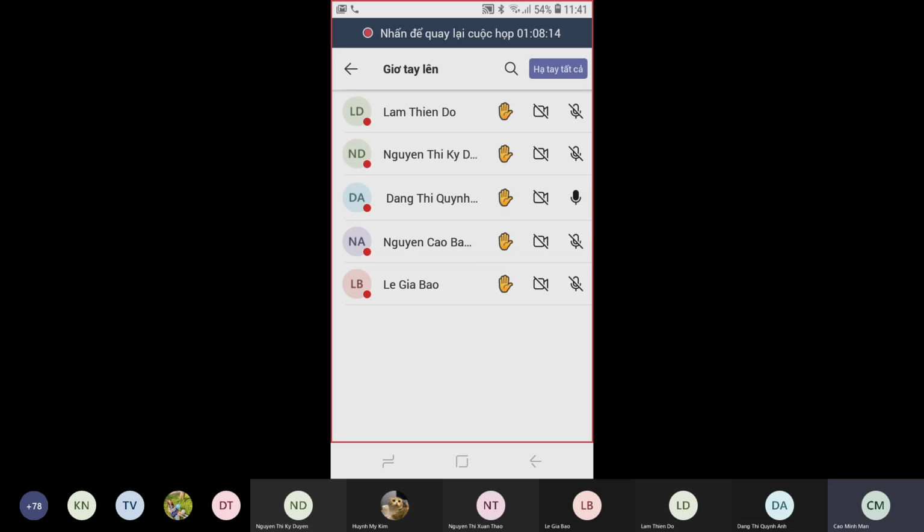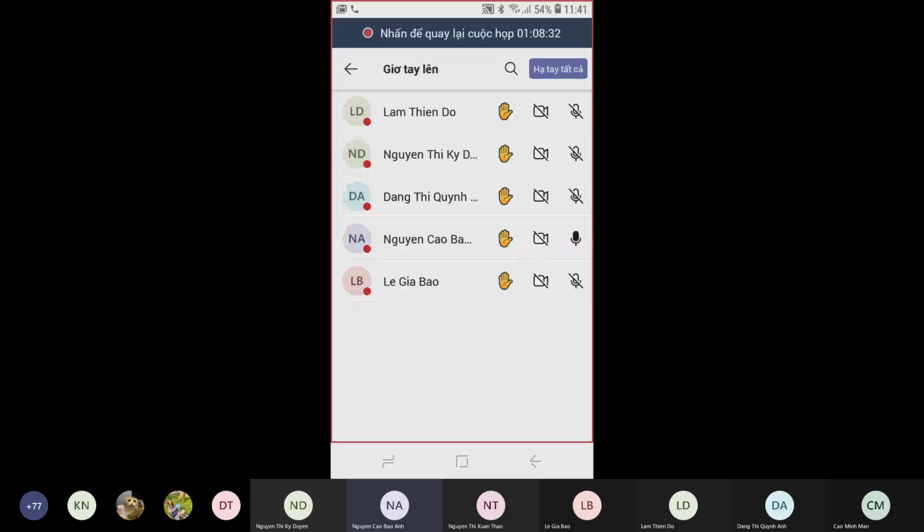Okay, the last one. Cao Bằng. Which country has comparative advantage in producing wheat? I think that Japan has a comparative advantage in computers.